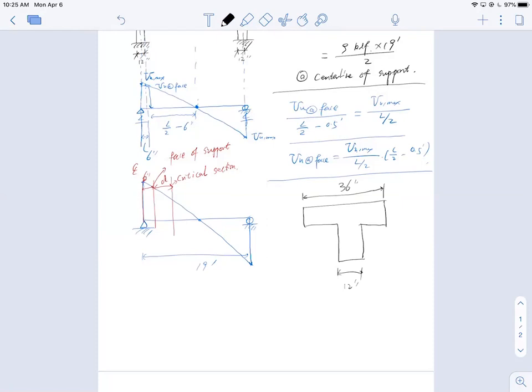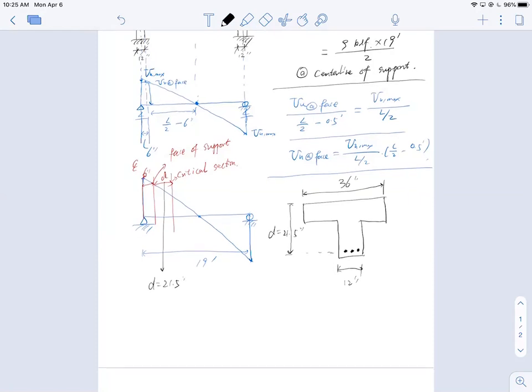The depth is from the top fiber to the reinforcement, and that D equals 21.5 inch.